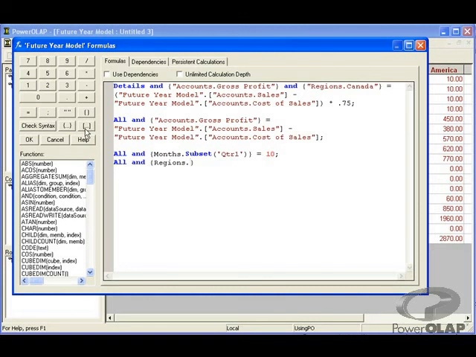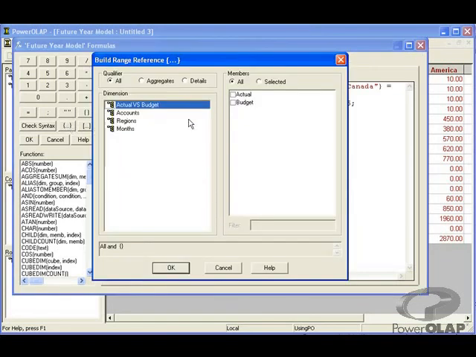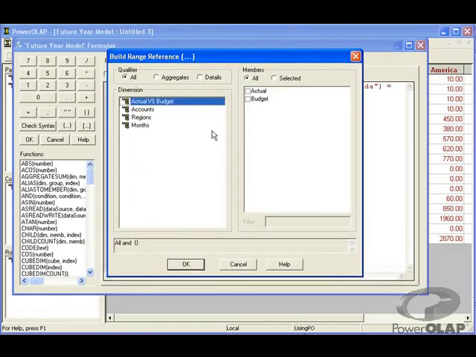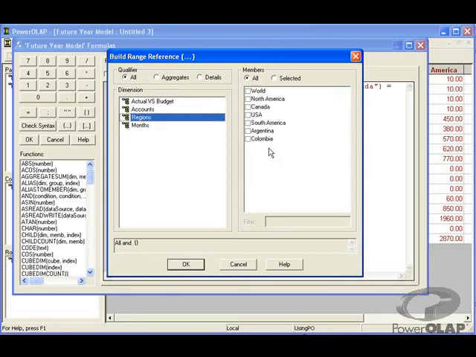I will click the squiggly brackets simply to bring up a reference to my members so I can see what members I have. I'm going to look at regions, and I'm going to see that I have a region called North America. I know that North America is an aggregate of Canada and USA.